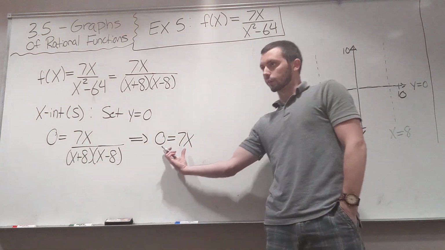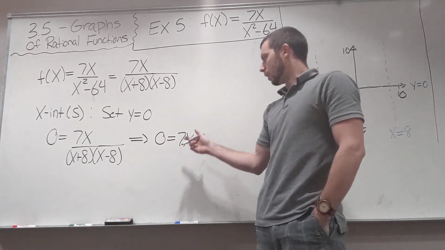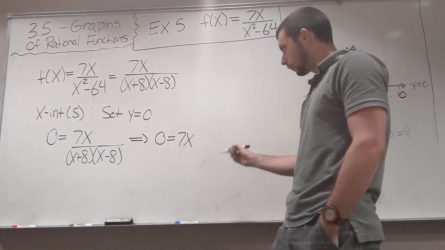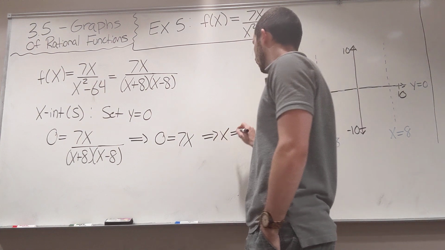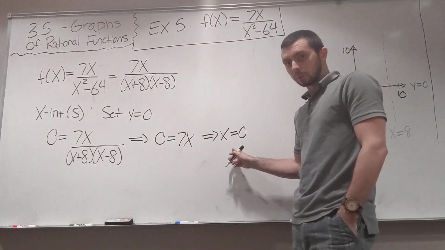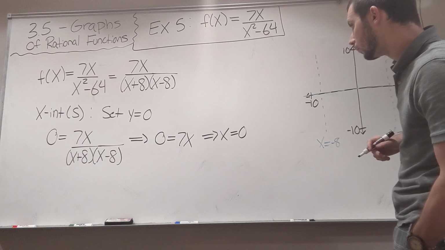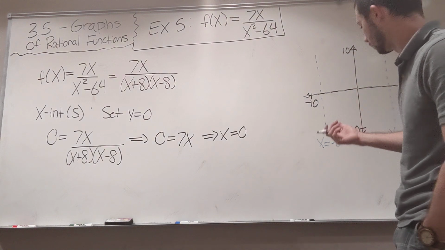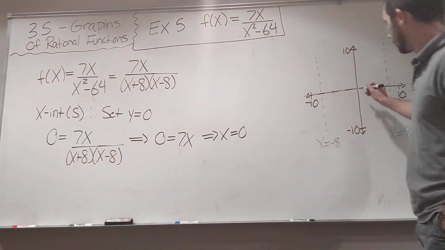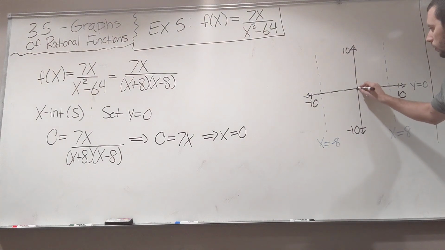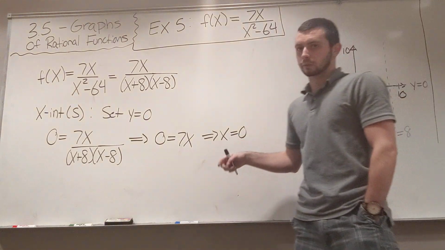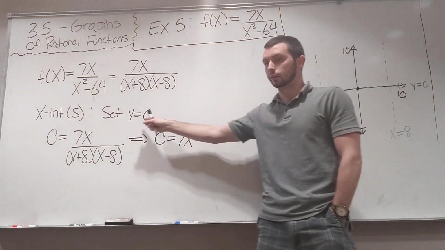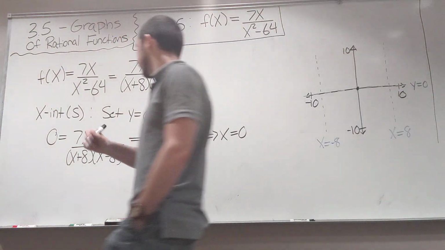And so now we get to this expression here. If we divide 7 on both sides, then all we get is that x is 0. So if anything, we know that the x-intercept here is x equals 0. So that tells us that the graph will cross right here on the origin. So the ordered pair is x is equal to 0, y is equal to 0.